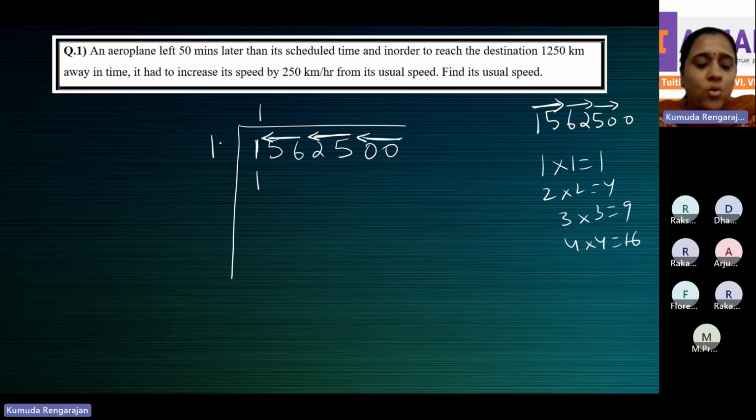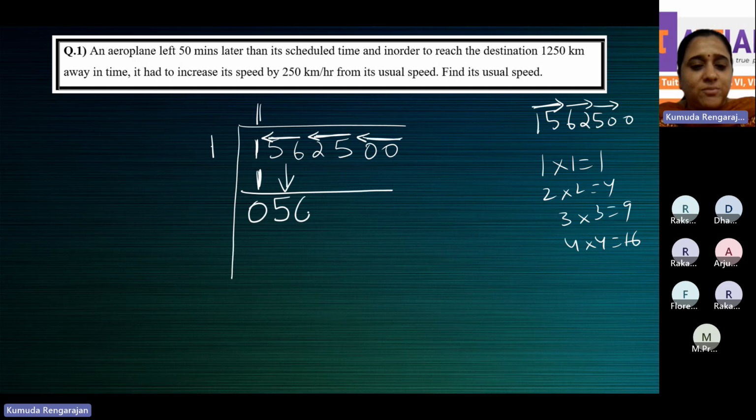There's 1 here. So 1, 1's a 1. 0 is a remainder. Bring the next pair down. Double the quotient. Double the quotient meaning multiply by 2. 1 into 2, 2. Write it here.